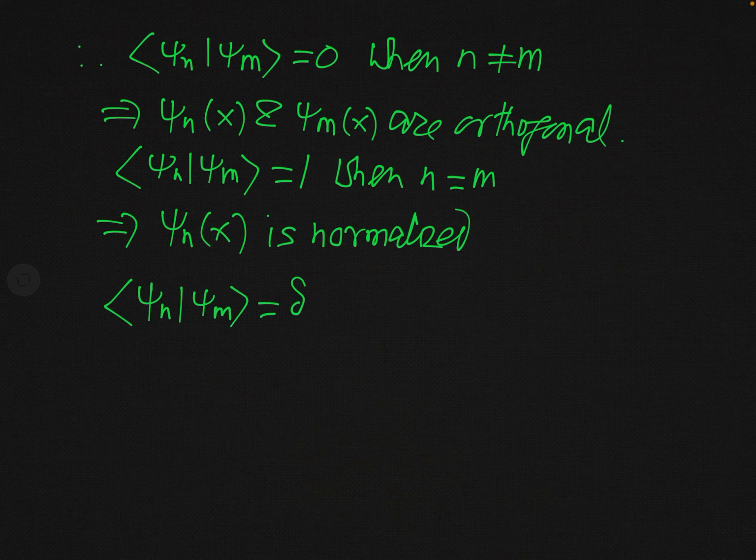So combining these two results, you can say that the scalar product of psi n and psi m will be equal to Kronecker delta nm, and if it is equal to Kronecker delta nm, then you know that the eigenfunctions are orthogonal, and simultaneously they are normalized. So this is the condition for orthonormality.